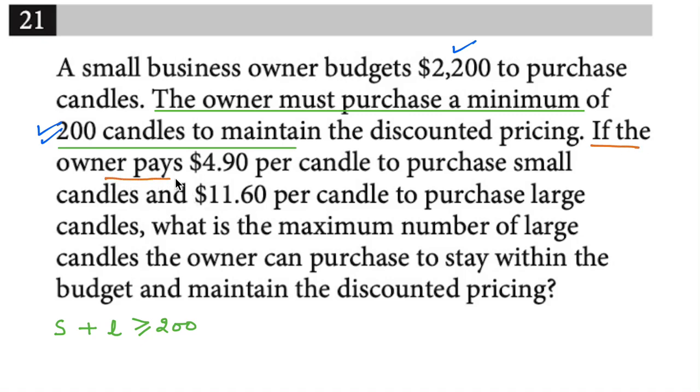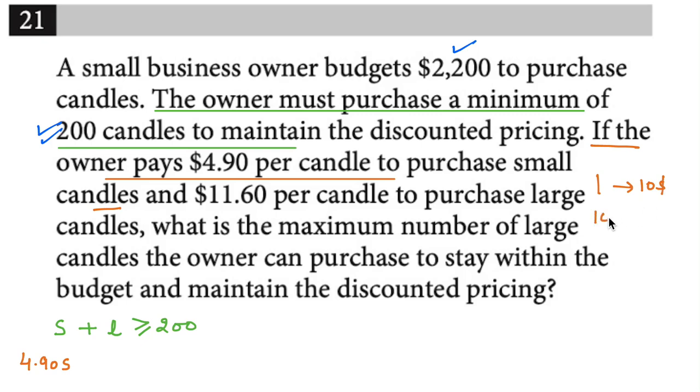Okay. Now, the second statement is from this particular part. If the owner pays $4.90 per candle to purchase small candles. Now, if there are S small candles and the cost of one candle is $4.90, that will be 4.90 S for small. Like for example, if you have to purchase chocolates, and the cost of one is $10, okay, this is too much, but that's okay.